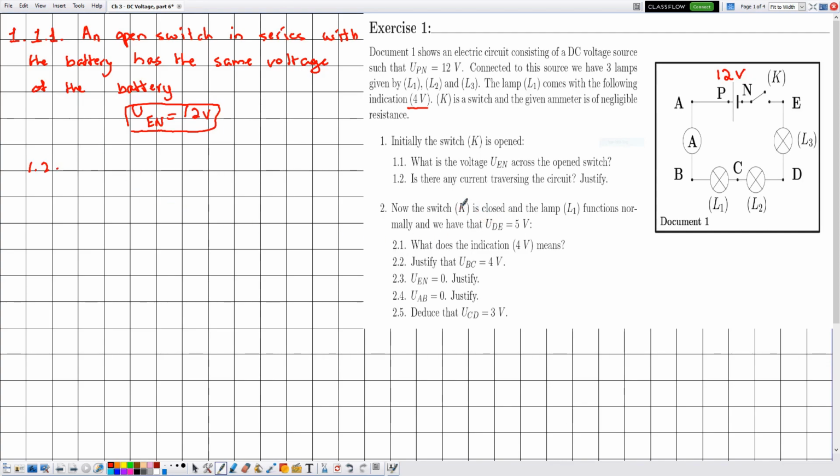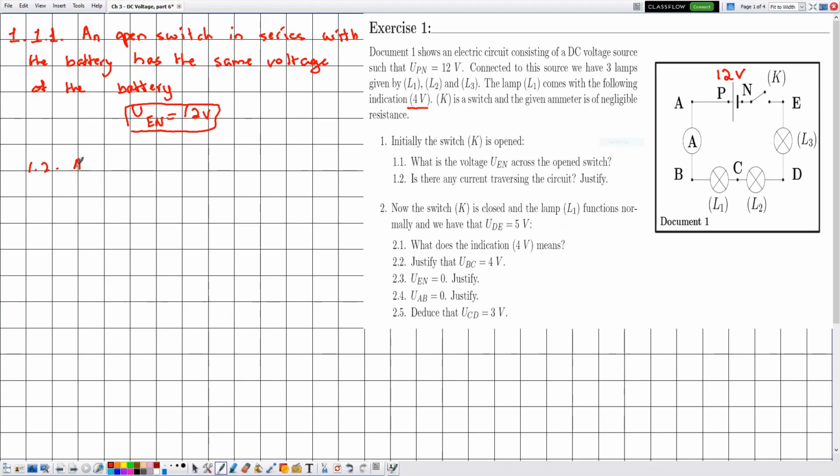Now in 1.2 they are telling me, is there any current traversing the circuit? Justify. Because the switch K is an open switch, and we know that an open switch doesn't allow electric current to pass through. Therefore the value of the electric current is 0, which means there is no electric current traversing the circuit.